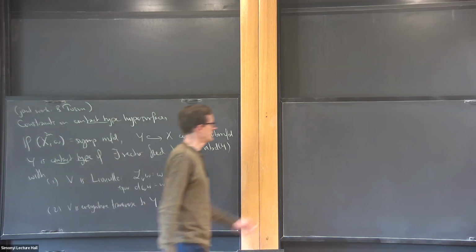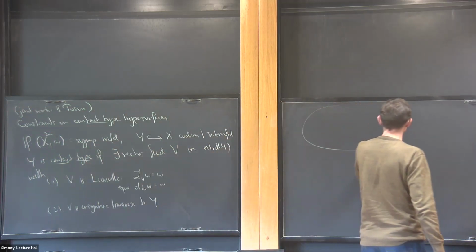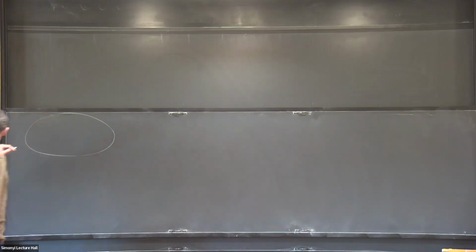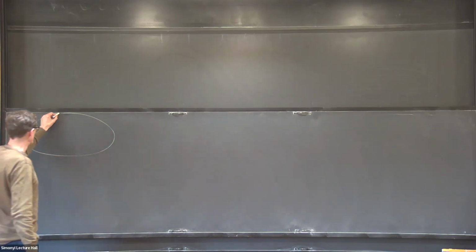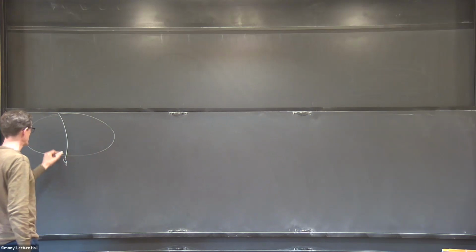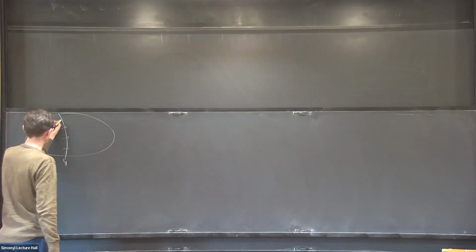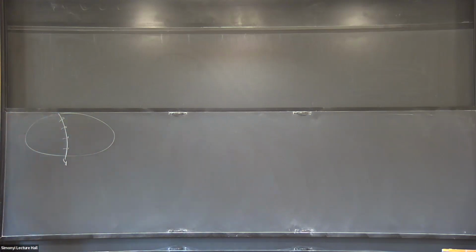Okay, so the picture that we're going to generally have is that Y will be a separating hypersurface. So you have something like this, and there's this vector field pointing from one side to the other.